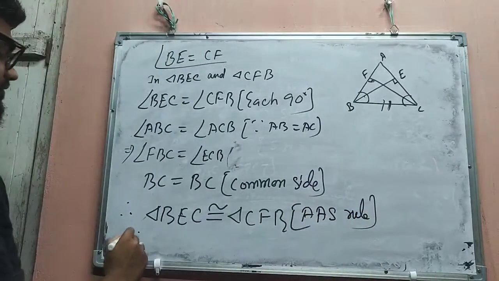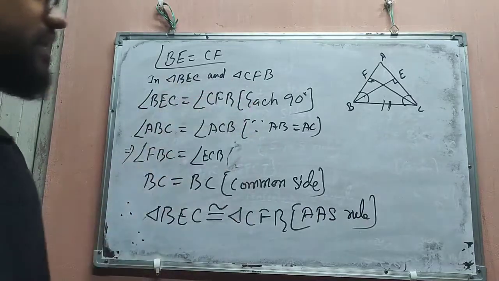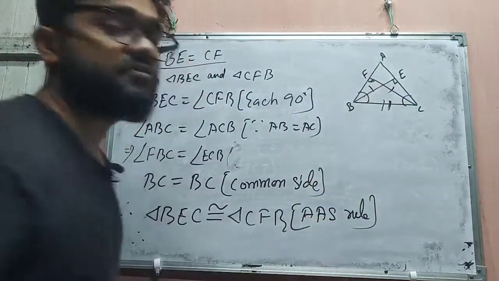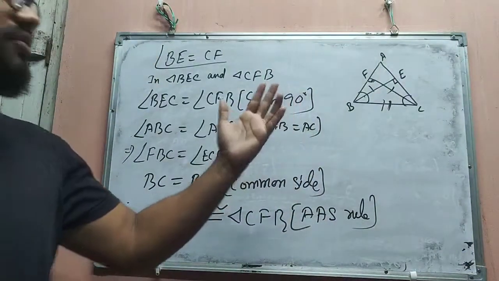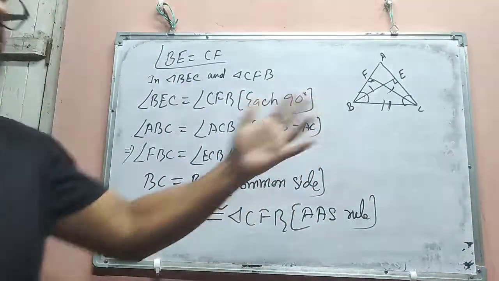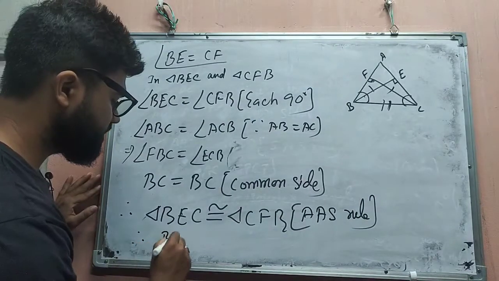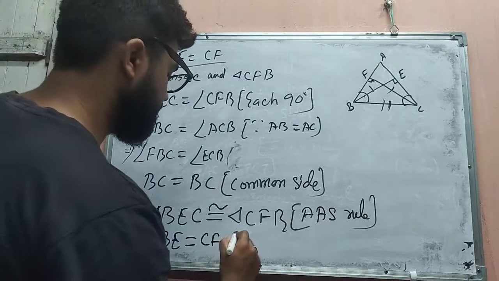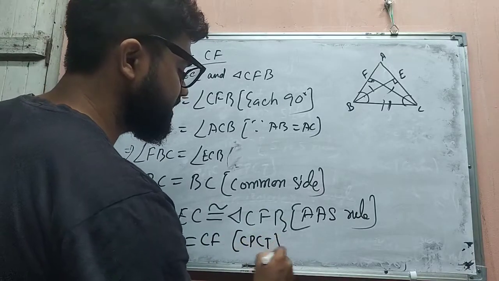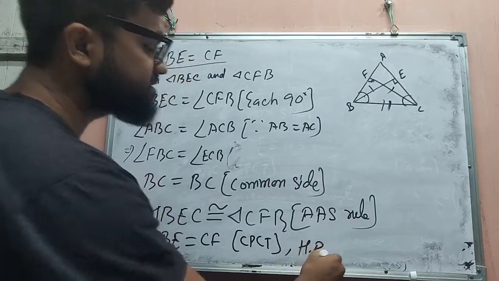Therefore, as these two are congruent, you can say BE equal to CF by CPCT, the corresponding parts of congruent triangles. We were asked to prove this, so hence proved.